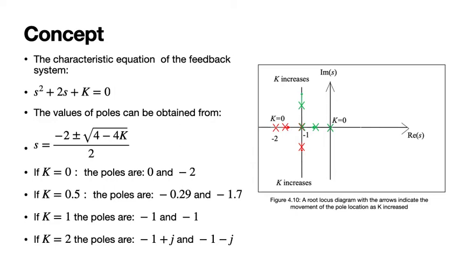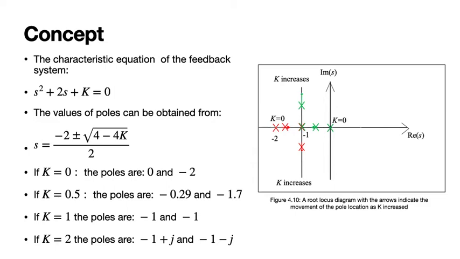Based on the characteristic equation, the roots can be determined by minus b plus or minus the square root of b squared minus 4ac, over 2a. Using this formula, we determine that s equals minus 2 plus or minus the square root of 4 minus 4k, over 2.